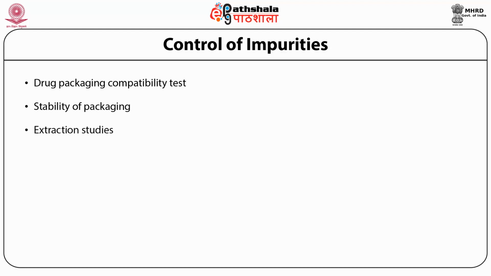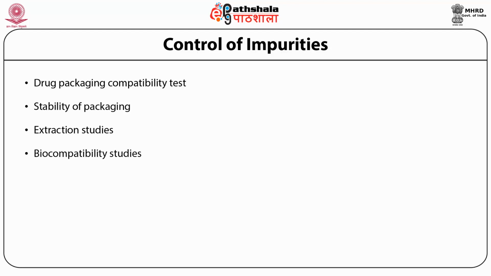Sometimes we also perform the extraction studies, means any material extracting from the packaging material, that also we can identify, and after identification one can judge to what extent it is toxic, or what is the percentage limit of that extractable material. Then biocompatibility studies can also be performed in order to control the impurities.